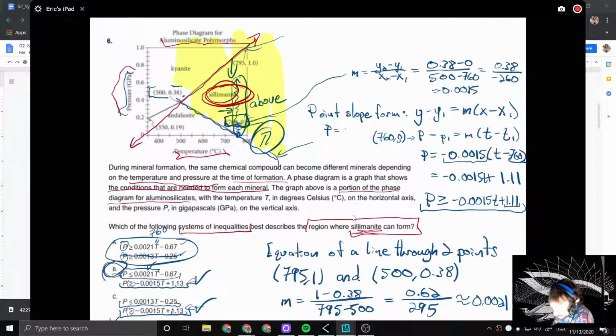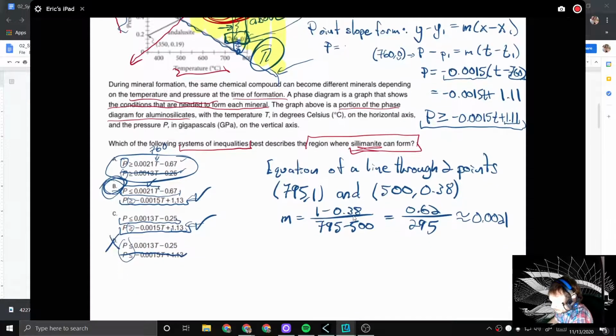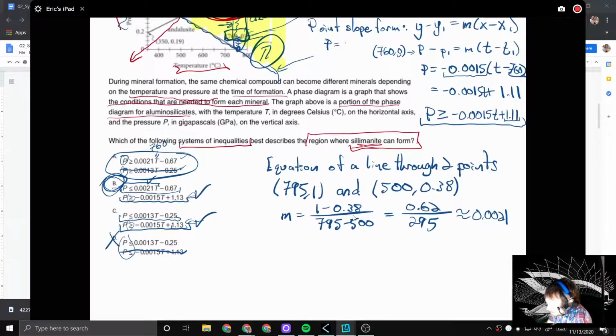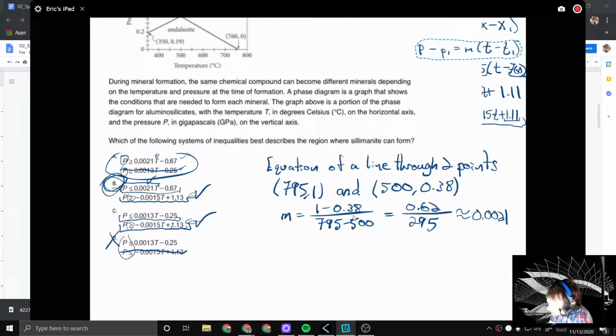So the answer has to be B. We're stubborn. Let's finish the problem and write the equation now. So we have this right here, this form of the line.